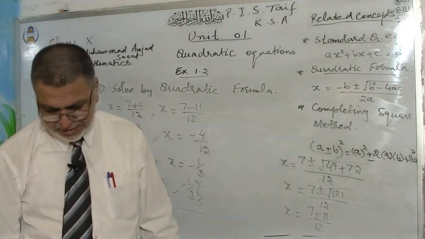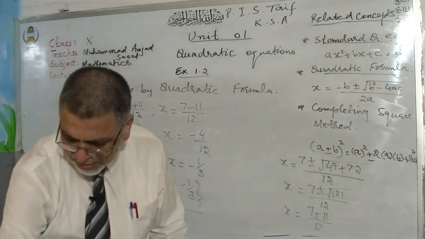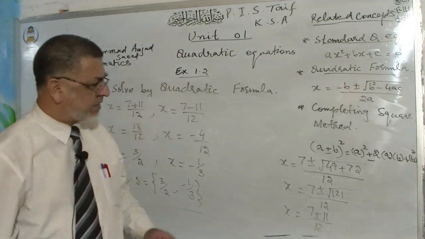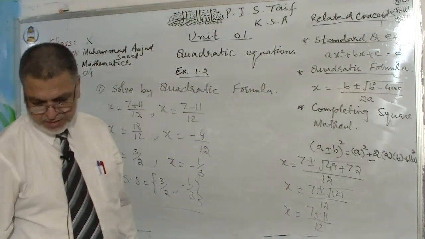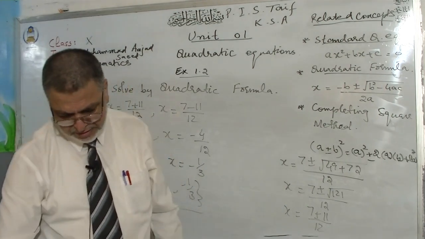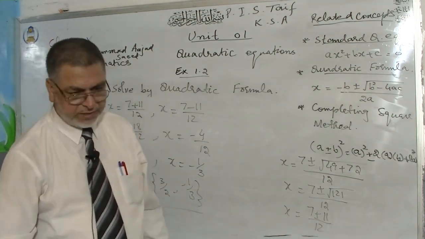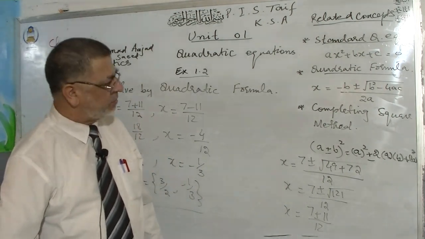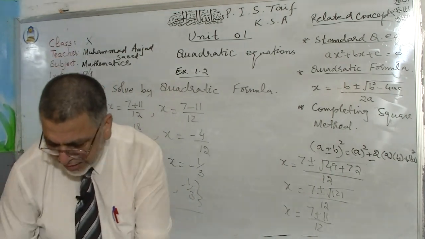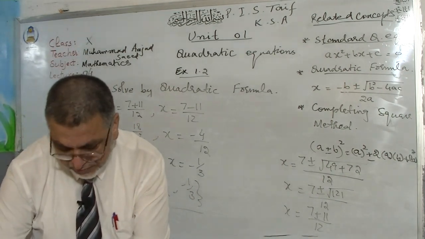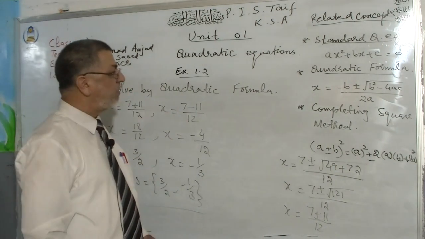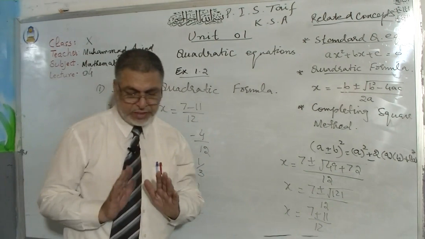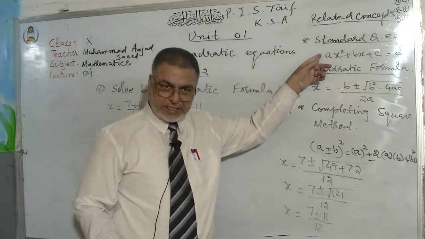I hope that you can solve other parts exactly by using the quadratic formula. And if there is any problem, any confusion, you can contact me, you can ask, inshallah I will do it. But first of all you have to convert your equation into a standard quadratic equation.